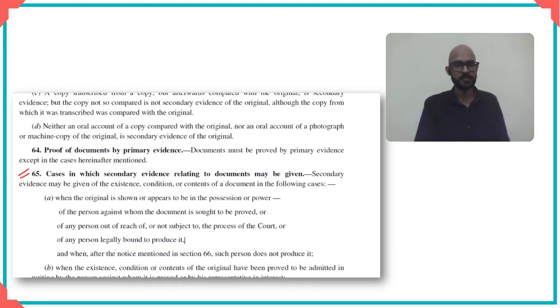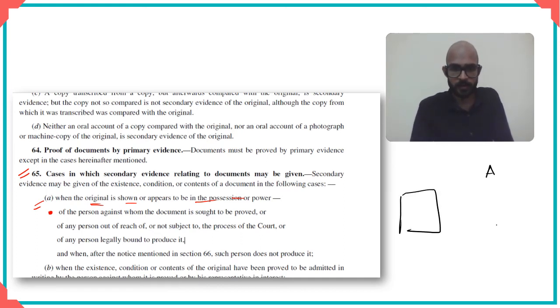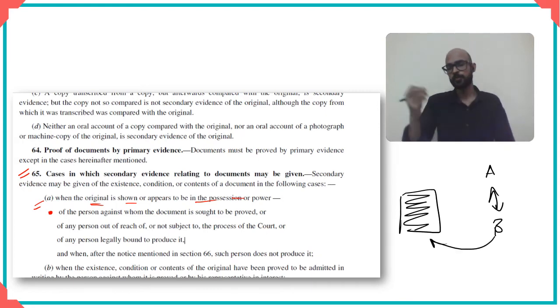So looking at our first example here, subsection A. When the original is shown or appears to be in the possession or power, look at the first bullet point, of the person against whom the document is sought to be proved. So let us say A and B are in dispute, and there's a certain document that B wishes to prove to the court.